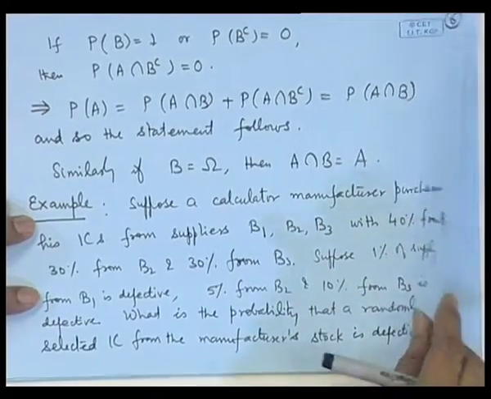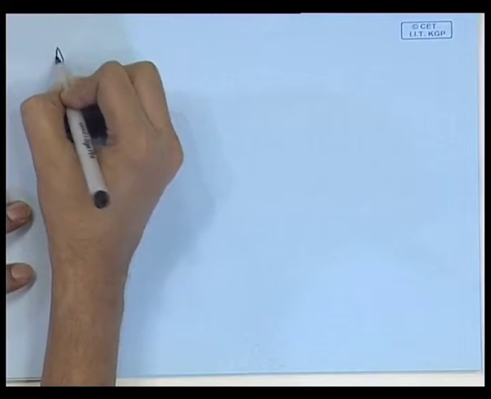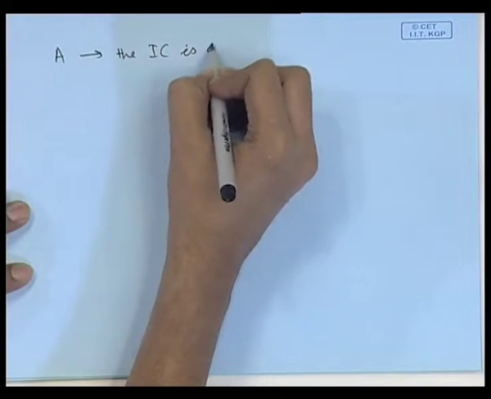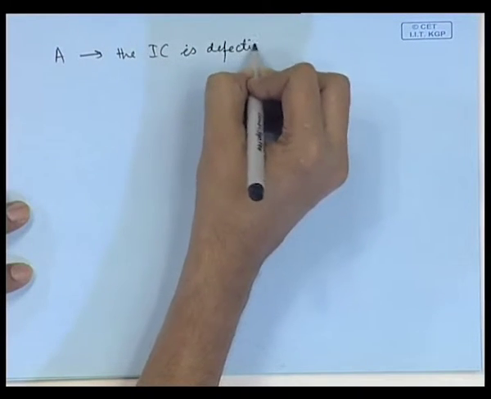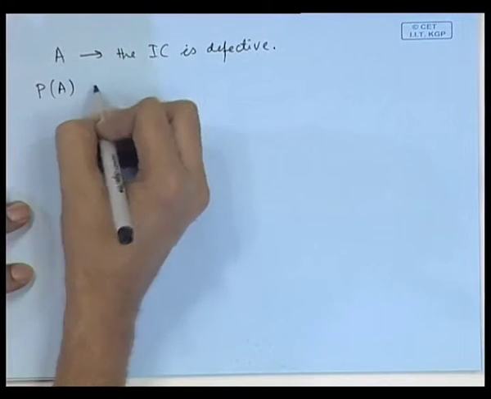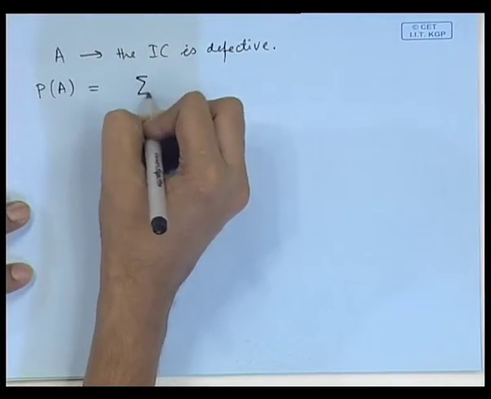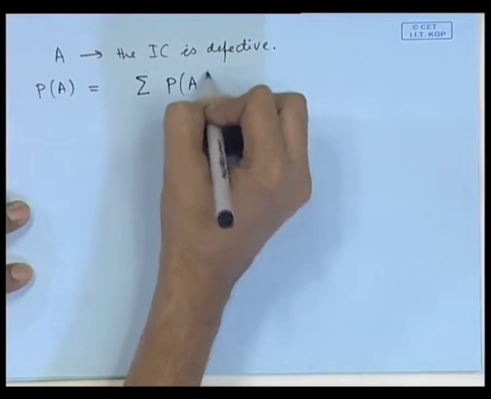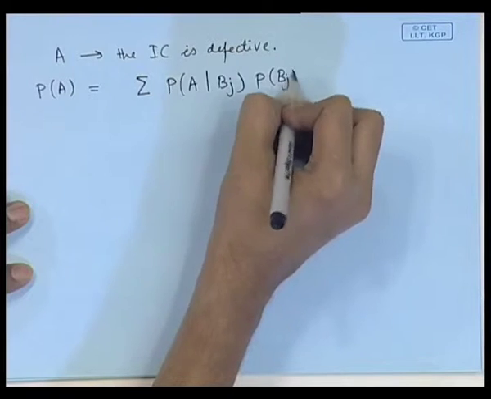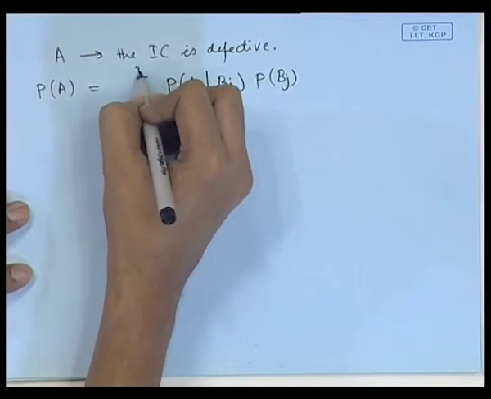Now, here if we consider the event A, that the IC is defective, then probability of A can be represented as sigma probability of A given B_j into probability of B_j, j equal to 1, 2, 3.